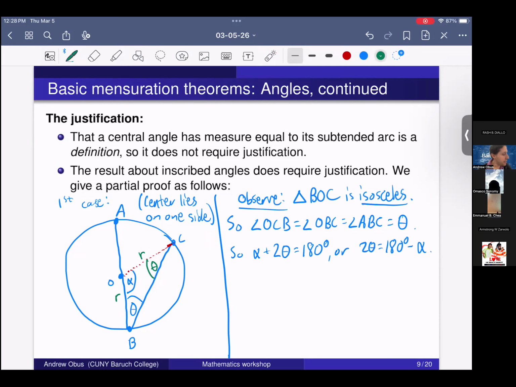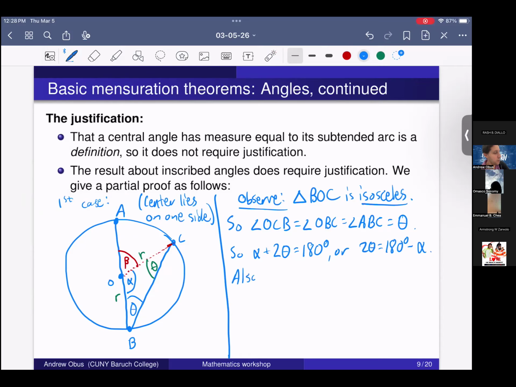So now lastly, let me look at this angle over here. Maybe I'll call this angle here beta. Well, what do we know about alpha plus beta? They make a straight line. Beta is what's called an exterior angle of the triangle. But because they make a straight line, they have to add up also to 180 degrees.